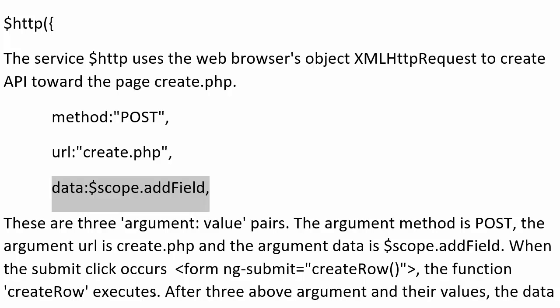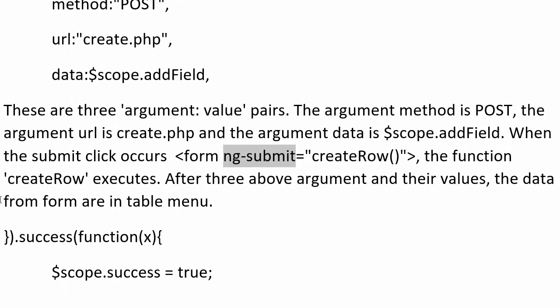When the submit click occurs, the function createRow executes because of this directive. After the three above arguments and their values, the data from the form are in the table menu.